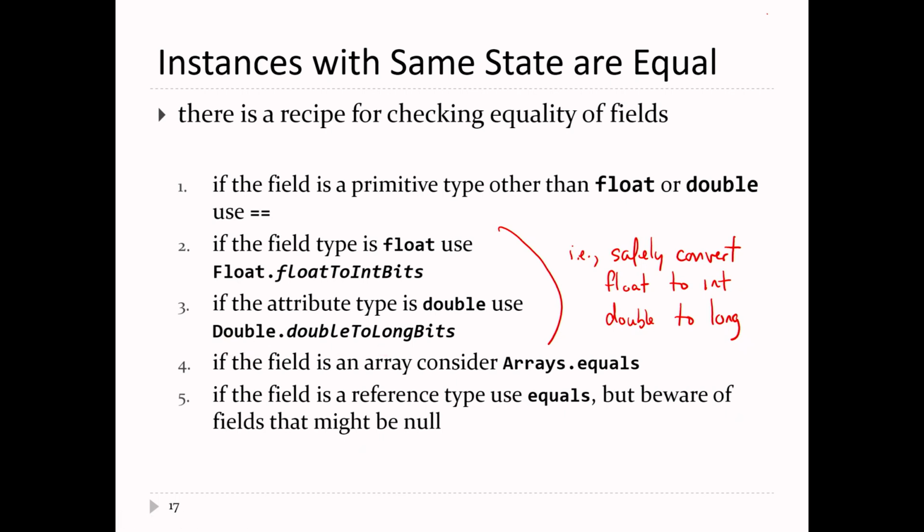A double is 64 bits, so it interprets those 64 bits as though it were a long value. Again, the value you get back is not necessarily the same. All it's doing is reinterpreting the bits of the floating point number as though they were the bits of the corresponding integer number. I'll explain why you have to do that in just a second.